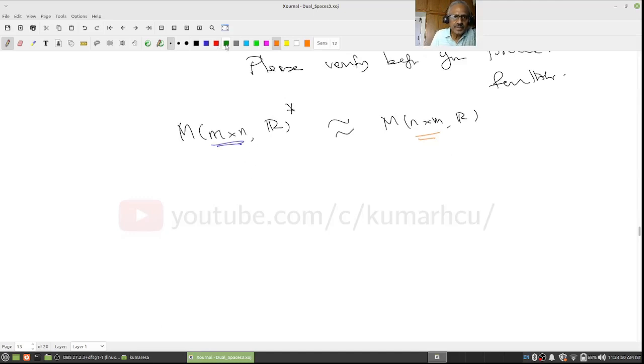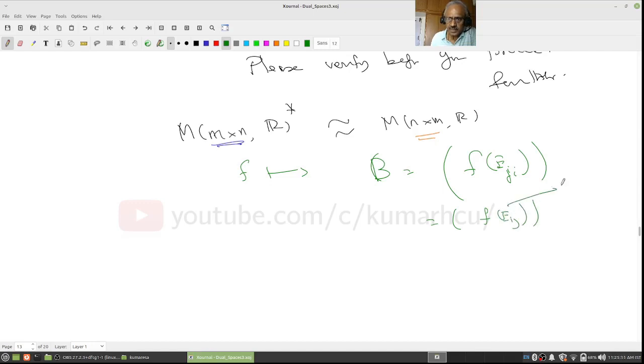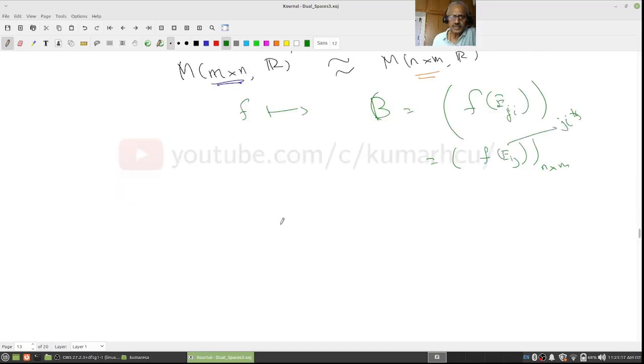Any F here goes to matrix B, whose ji coordinate is F of e_ij. This is the ji coordinate. Therefore, this is a matrix of size N cross M. So pause, review, proceed.